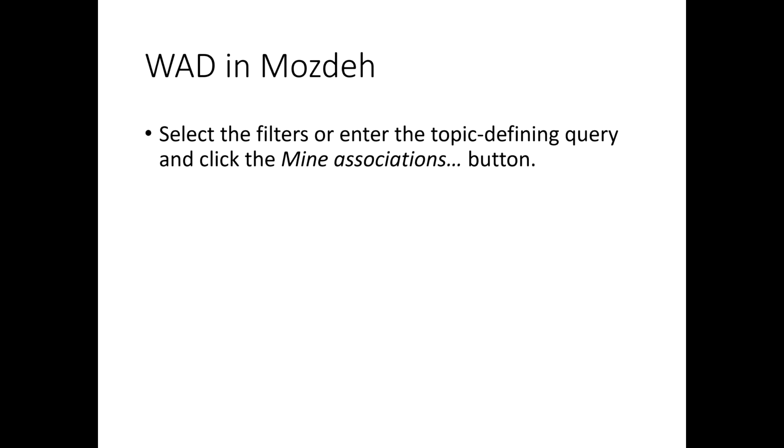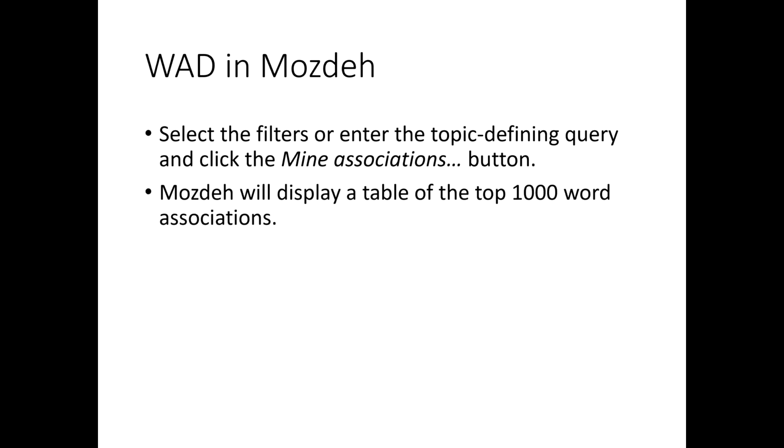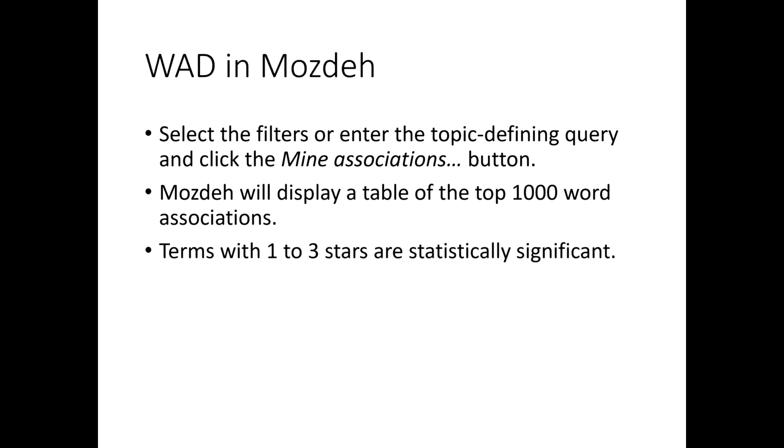In Mojday, to run the word association detection, you need to select the filters or enter the topic defining query in the search box and then click the Mine Associations button. Then Mojday displays a table of the top 1,000 word associations, up to 1,000 words that associate with your topic or filters.